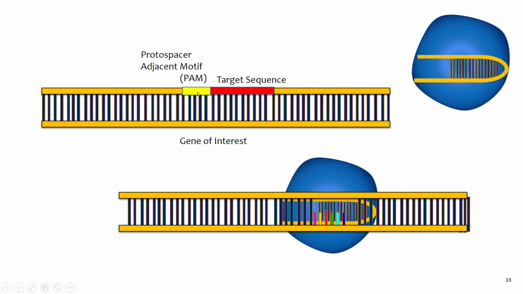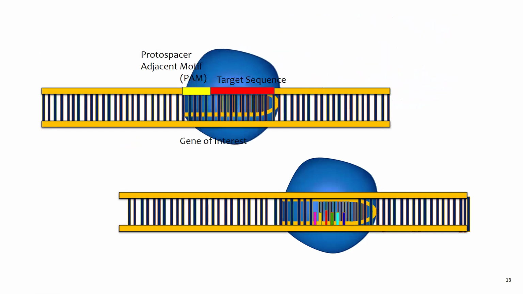So what will happen, you can see now, the Cas9 and guide RNA find the target sequence, the red one, and then it stops here. So the address is found.